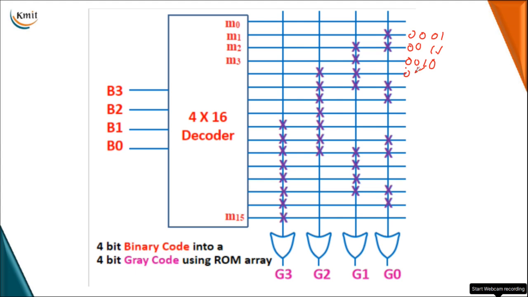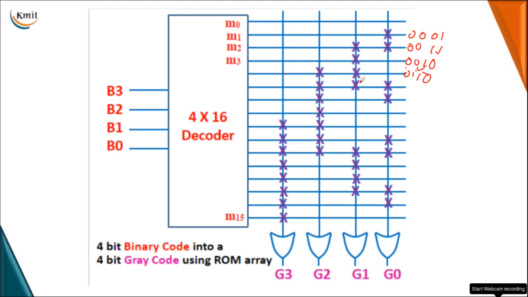Next, for binary input of 0100, it will be 0110 as the equivalent code. Hence we have given G3 no symbol, as a cross symbol is absent here, which denotes a logical 0, whereas here we present a cross symbol, which denotes that a logical 1 is present on this line, which is connected to the G2 input.